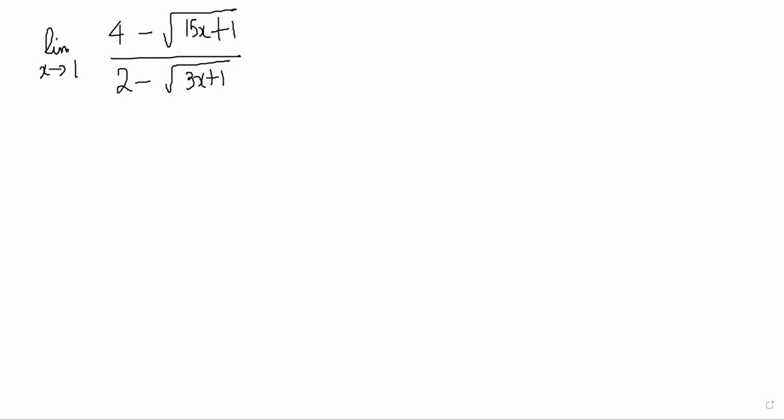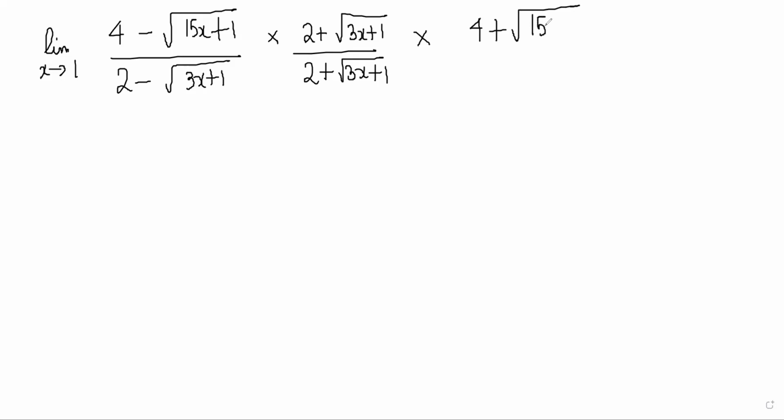There was multiplying by its conjugate, so rationalizing. Let's rationalize the denominator and let's also rationalize the numerator because we don't want these irrational things. This multiplication doesn't change anything.